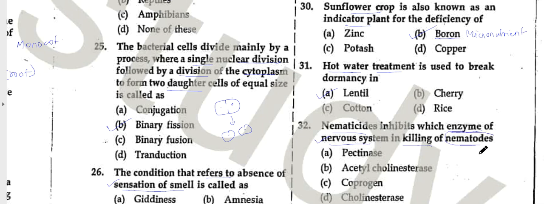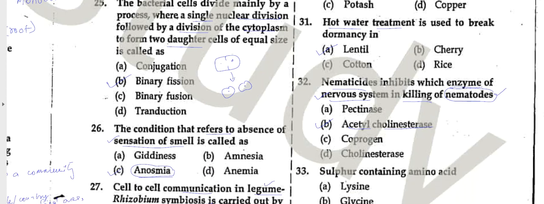When this enzyme is inhibited, the nematode dies. It is acetylcholine esterase, a very important enzyme. If this neurotransmitter-degrading enzyme is inhibited, nematodes are killed. The signal will not be transmitted to the brain, right?